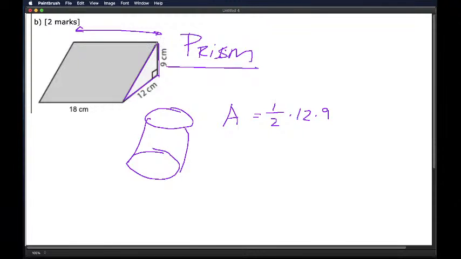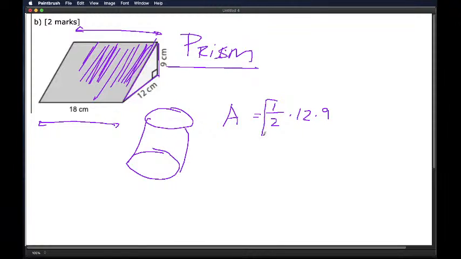And then you can imagine someone is putting a ton of triangles stuck to each other, that's 18 centimeters long. So it's the area of this face here, the front face, times how long you stretch it, which is 18. So you just have to figure that out. So half times 12 is 6. 9 times 6 is 54.